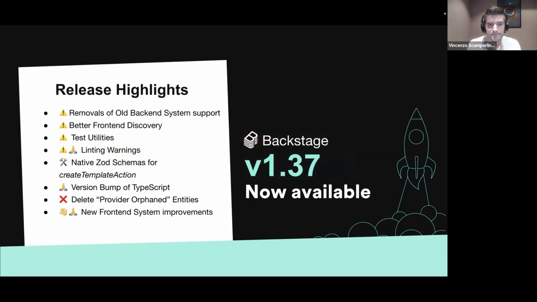So second in the list, we have a better front-end discovery. This is useful for adopters who have split backends. So basically, they have deployed their backend plugins into different Backstage apps. And up until now, in order for your frontend to reach out to the backend of each plugin, you had to write your own discovery API. From this version of Backstage, you can just use app-config for defining the base URL of each backend plugin.